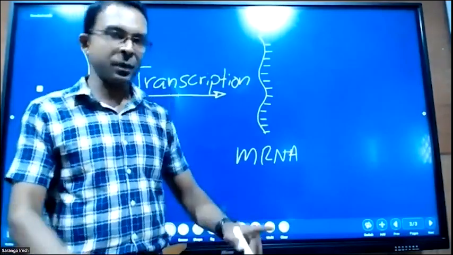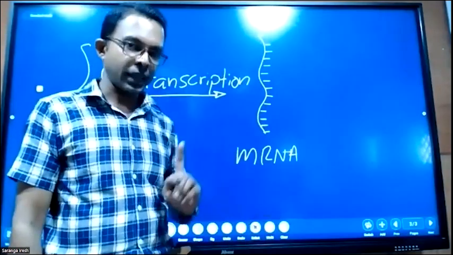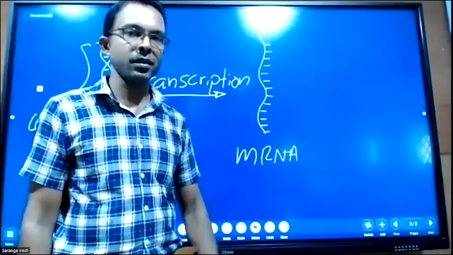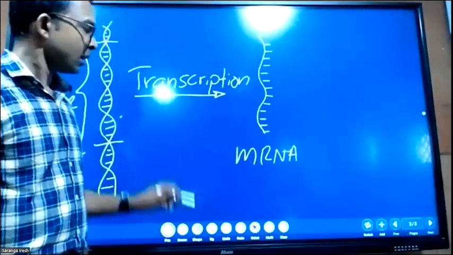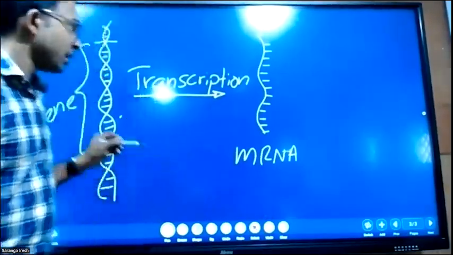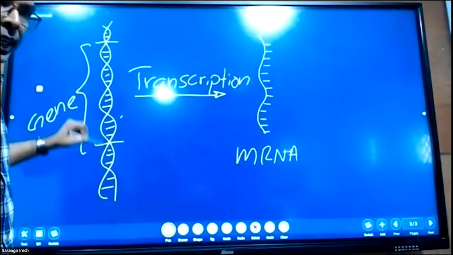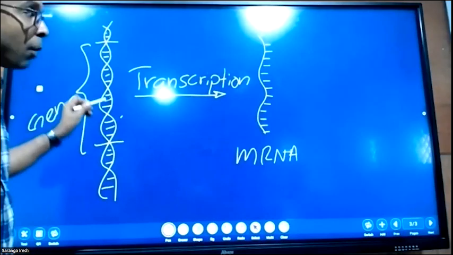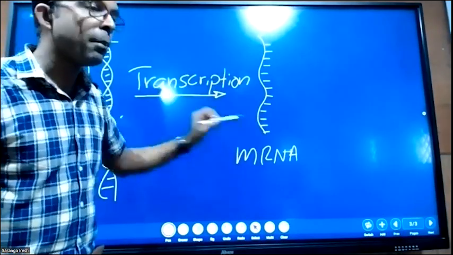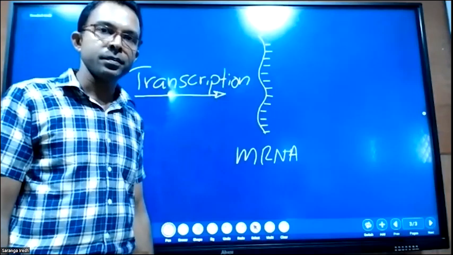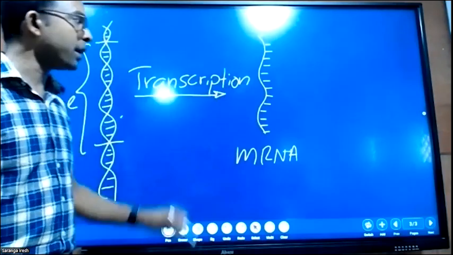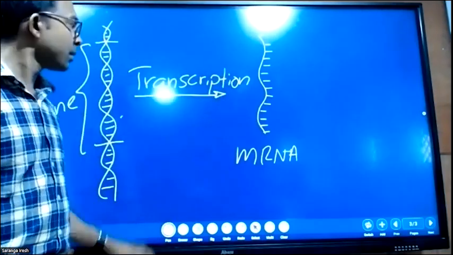Okay, I will explain the mechanism, but identify the concept step by step here. First, what happened? The information present in this gene is copied into an mRNA molecule.